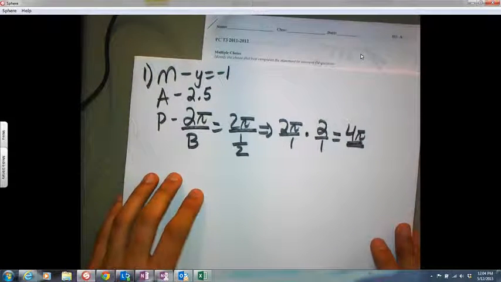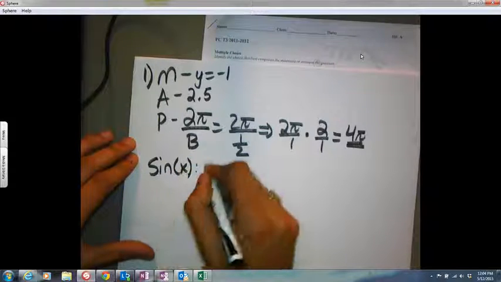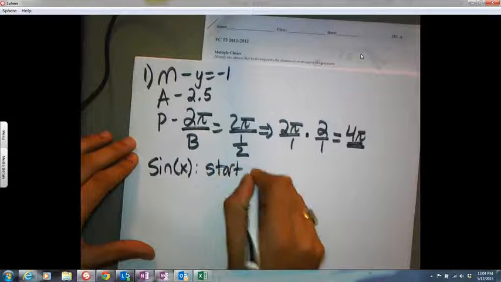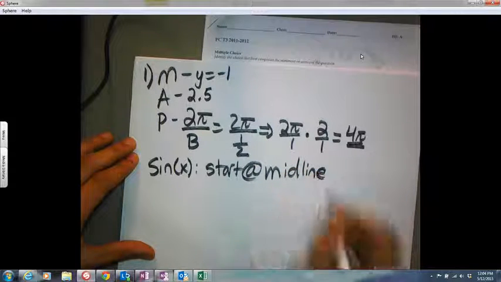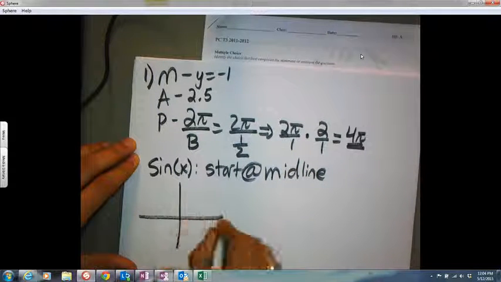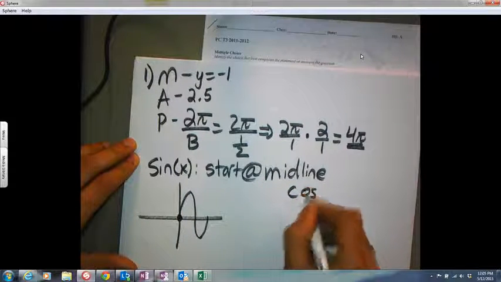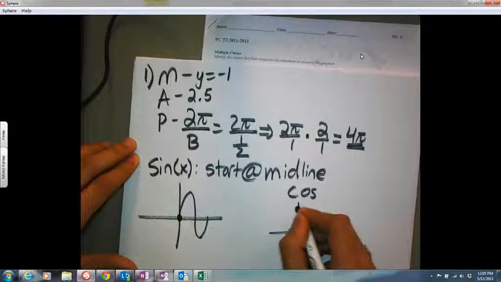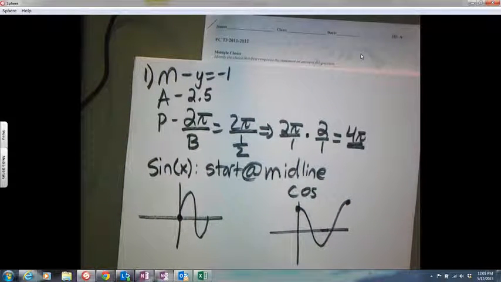And now because it said sine of x, that means we start at the midline. As you all will recall, here's the sine graph, starts at the middle and goes up, down, up. You'll remember the cosine graph, of course, starts upstairs and comes down. Sine starts at the middle.